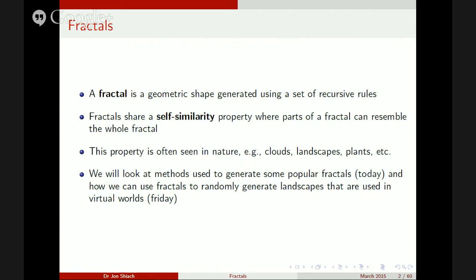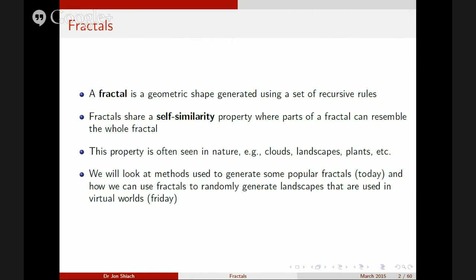It's also seen in landscapes, and the property is also seen in nature, for example clouds, plants, etc. In a minute, I'm going to put up a slide which shows this self-similarity property. So that's why I'm talking about fractals today. We're going to be using them to generate some random terrain.